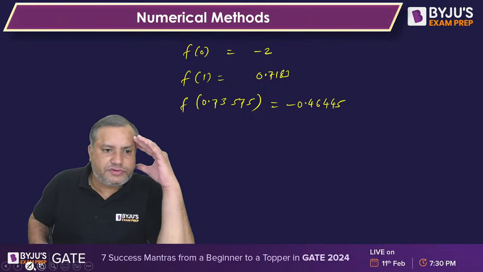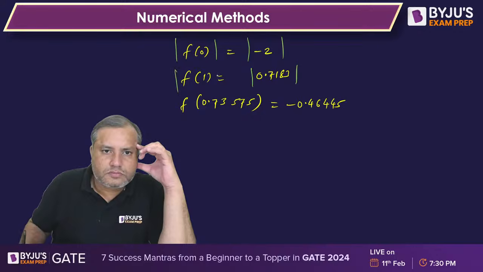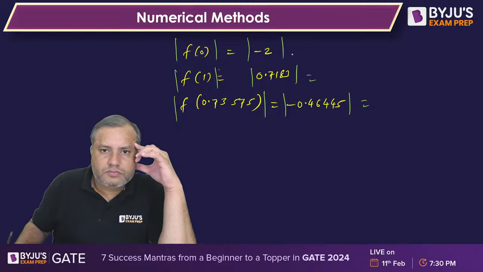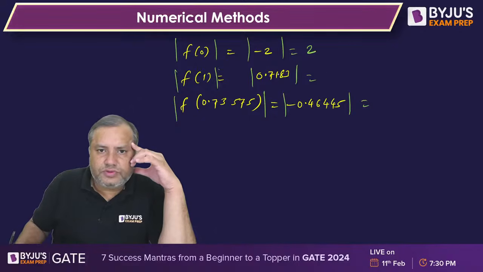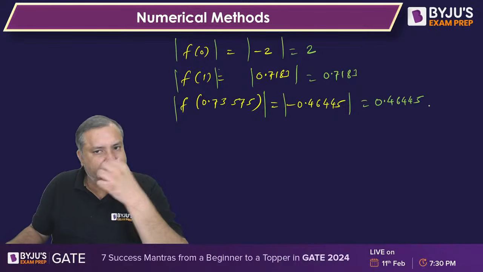Take their magnitudes. Its magnitude is 2. Magnitude is 0.7183. Its magnitude is 0.4644. Correct?